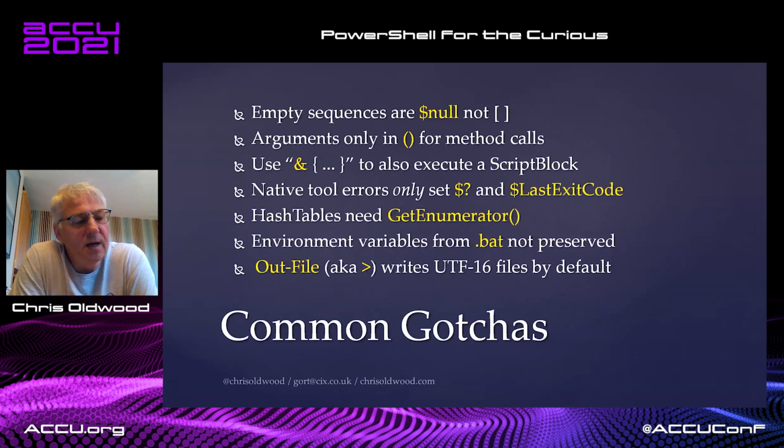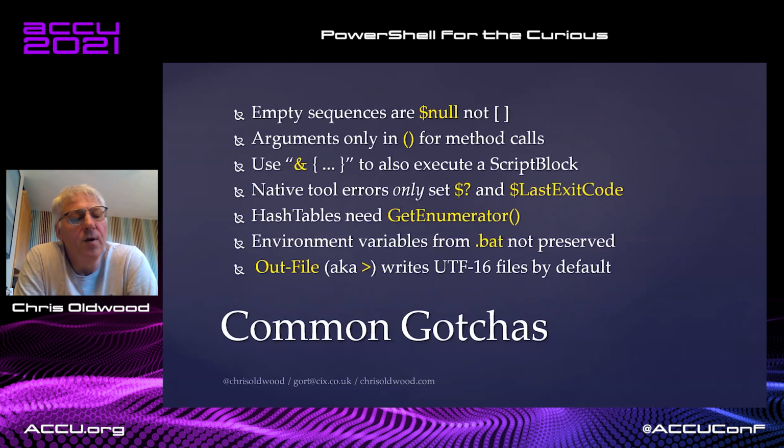Empty sequences. If you do ls on a folder that has no files in it, you will not get an empty collection. You'll end up with null. And that basically allows the not operator to work in the same way that in C++ you can say if not on a pointer, because it kind of decays to a pointer and a zero value.